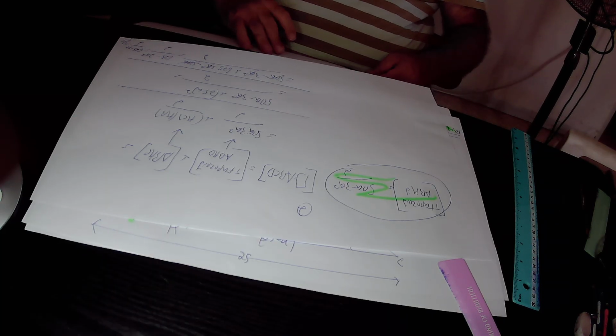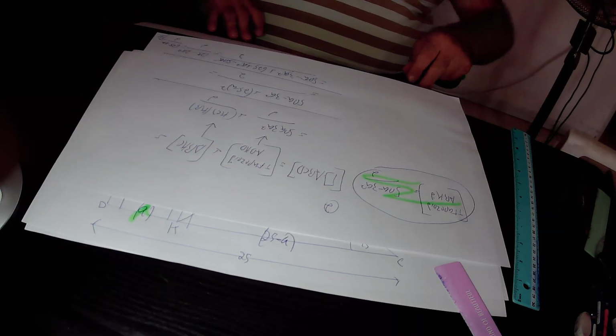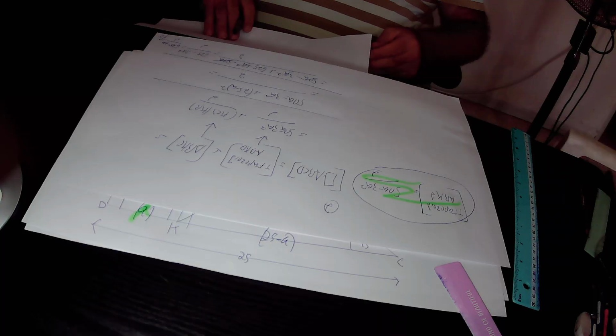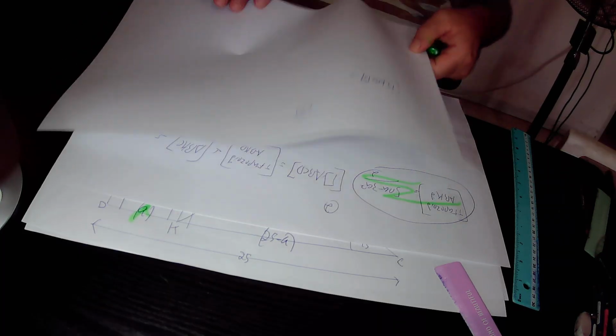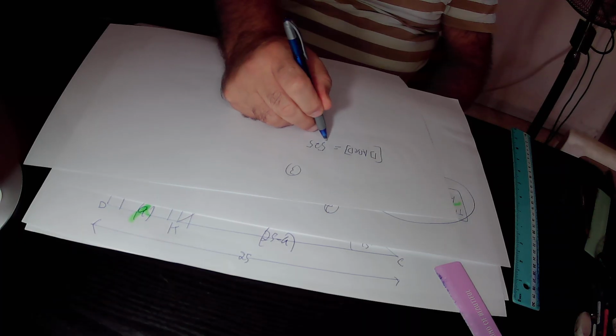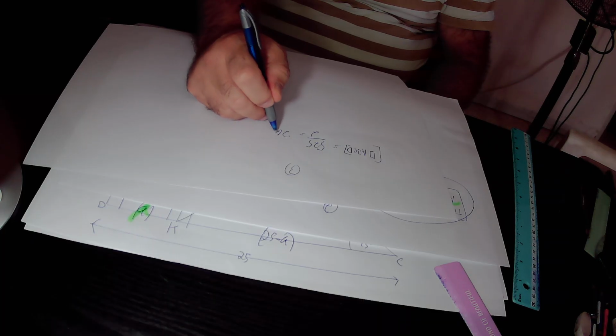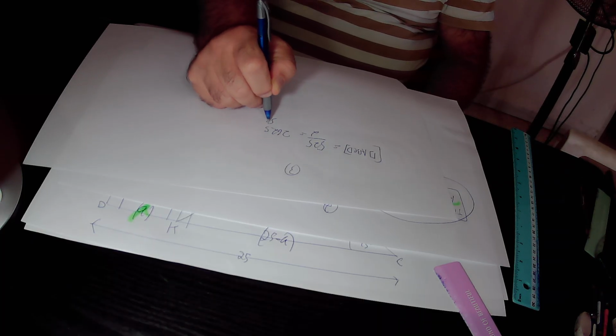And again, we found that the area of this big quadrilateral ABCD equals 525 over 2. 525 over 2 is 262.5 square units in its size.